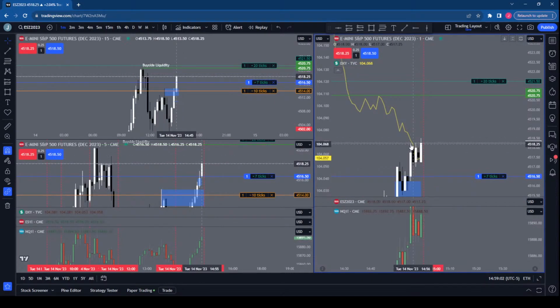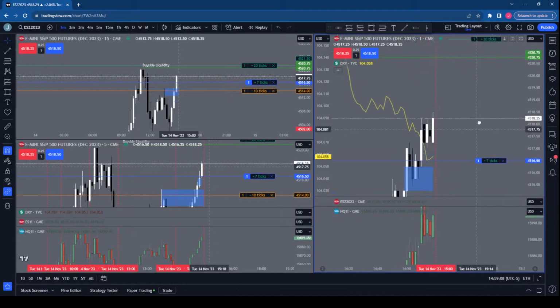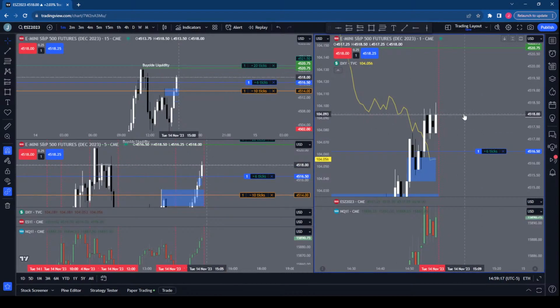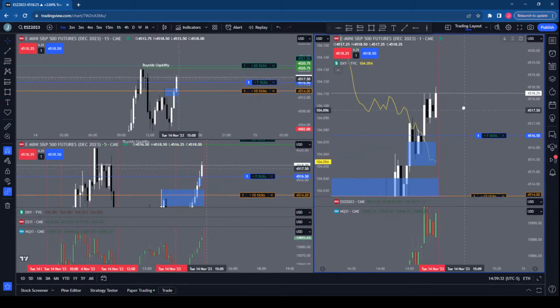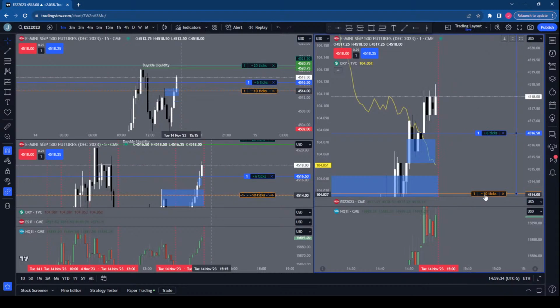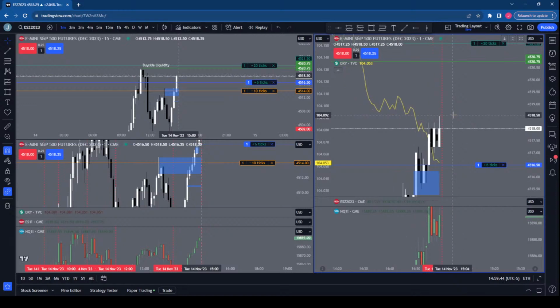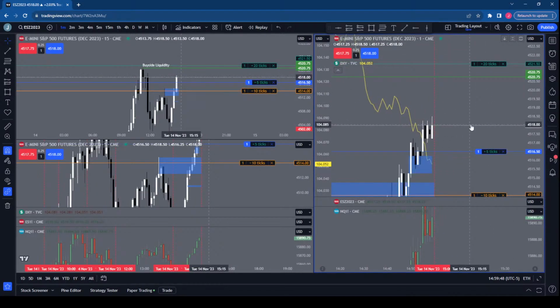I really want that candle to close above these highs. Yeah, like I said, I think the delivery is going to be sloppy.